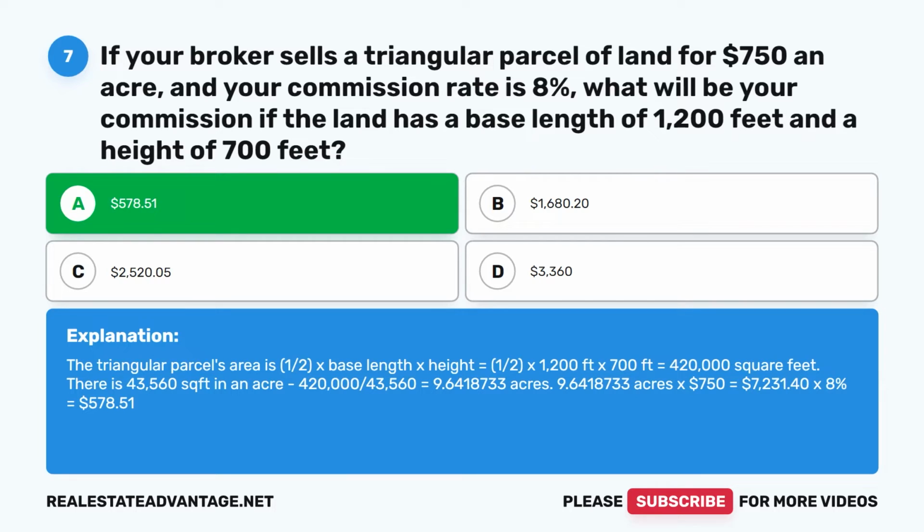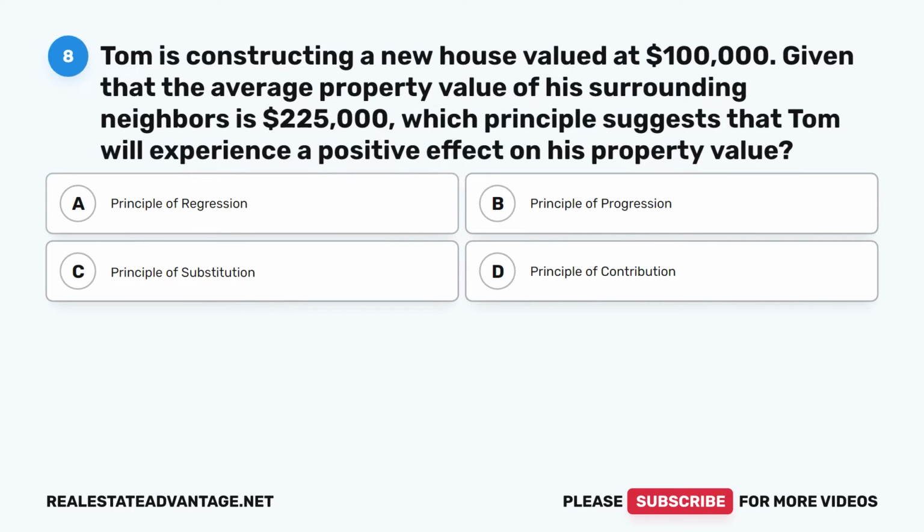There are 43,560 square feet in an acre. 420,000 divided by 43,560 equals 9.6418733 acres. 9.6418733 acres times $750 equals $7,231.40. Times 8% equals $578.51.